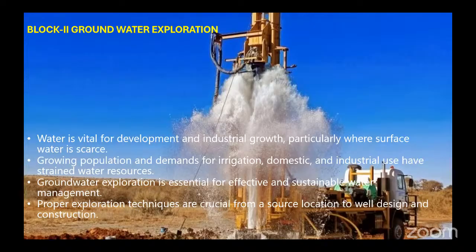We covered aquifer systems, types of aquifers, unconfined and confined aquifers, properties of aquifers like porosity and permeability, and the formula related to groundwater flow rate through porous media, that is Darcy's law. Now we'll discuss the groundwater exploration part, the introduction.